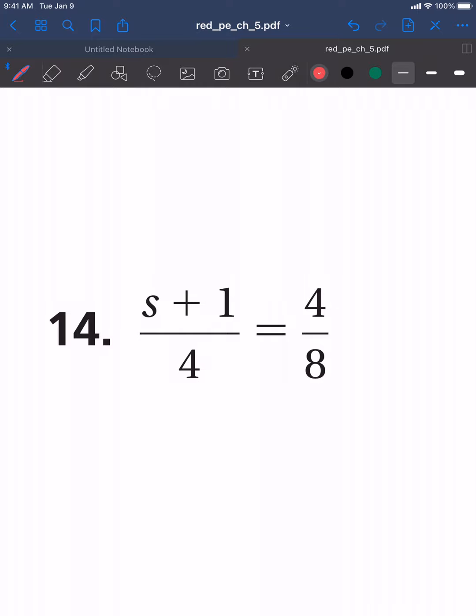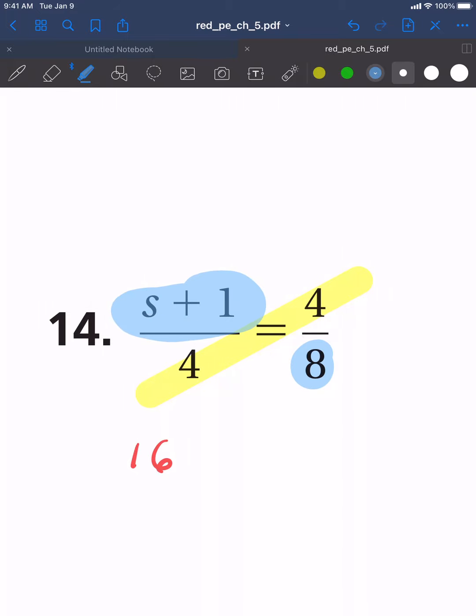Okay. Can I walk you guys through this one? Yes. But you have to make sure you write this down, okay? Same thing, just as always, cross multiply. What is 4 times 4? 16. Now, just like normal, we're cross multiplying, but we're taking 8 times this whole thing. If I'm taking 8 times a whole thing, I need to put it in.